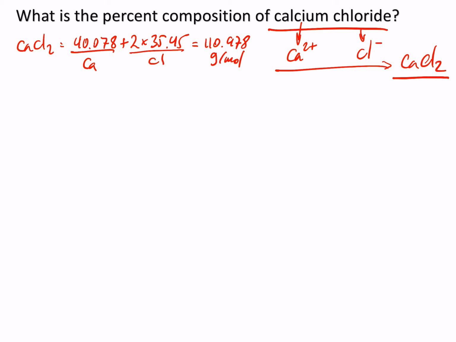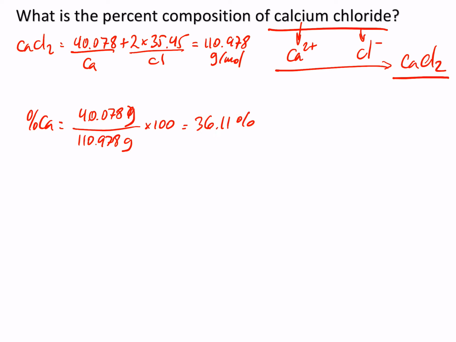So your percent calcium is going to be equal to 40.078 grams divided by the mass of the compound, 110.978, times 100, that is 36.11%.